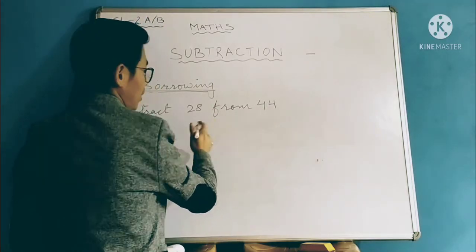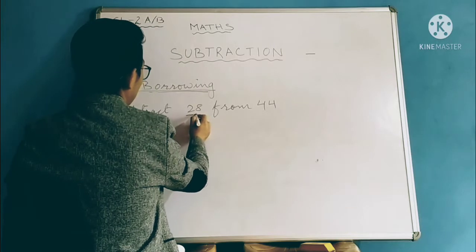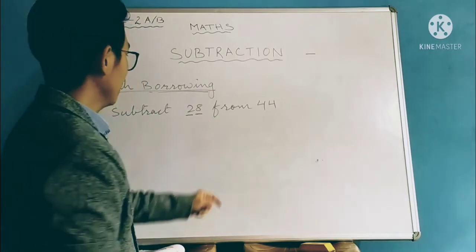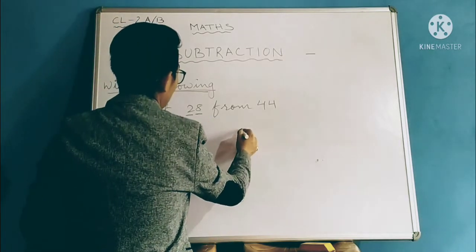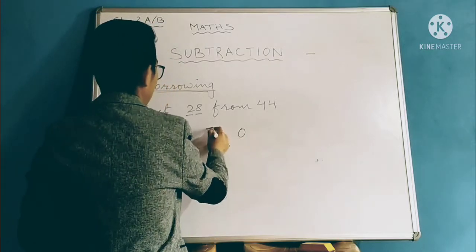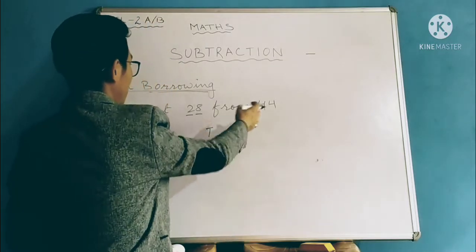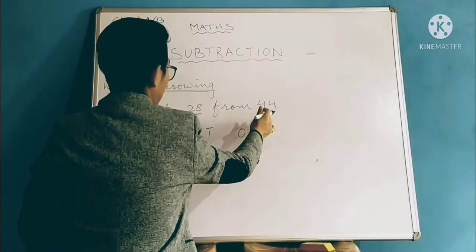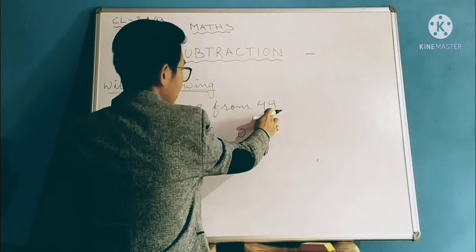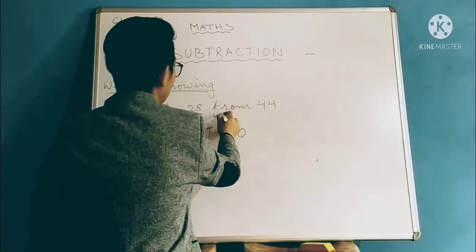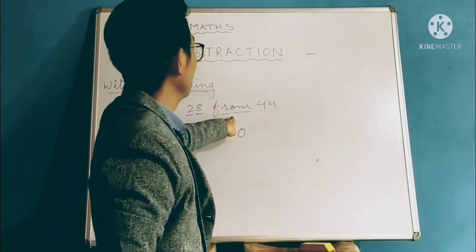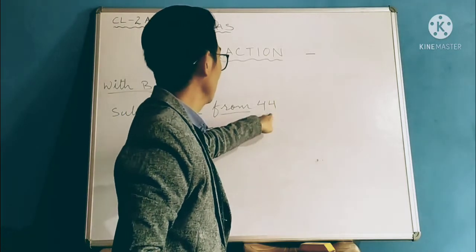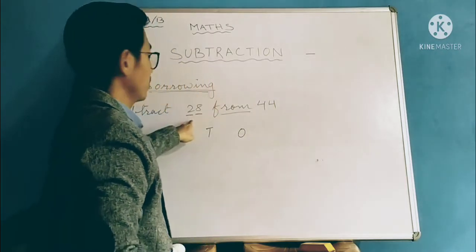So it's like we are doing 2-digit numbers. In the same way we write ones and tens place, and we place them in their position. You need to write the bigger number first, because you need to see this word, "from". "From" means from there you need to minus this one.